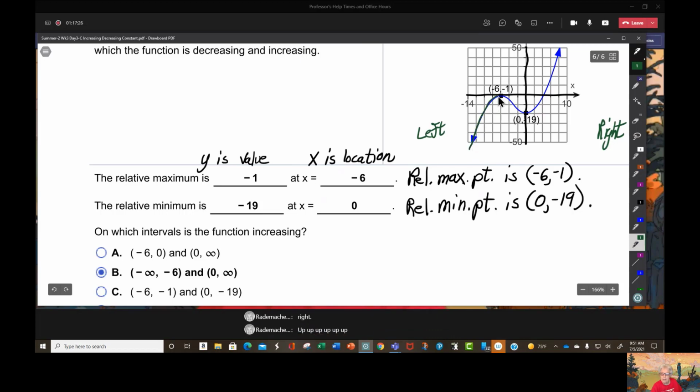Increasing from negative infinity to the x coordinate of the local maximum point, -6.